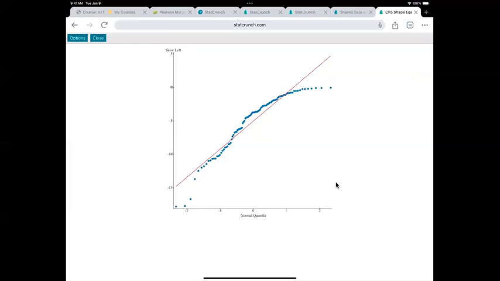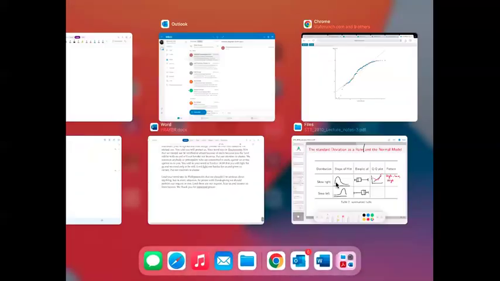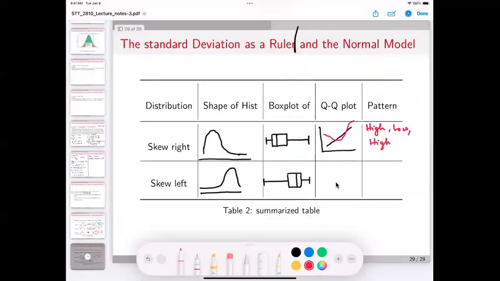So it's giving like an N. So what can we say? We can see low, high, low. Any questions on this?